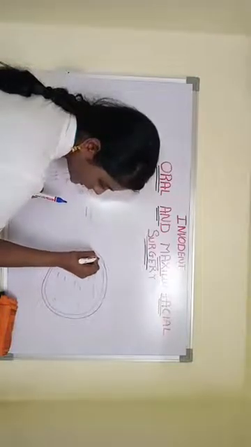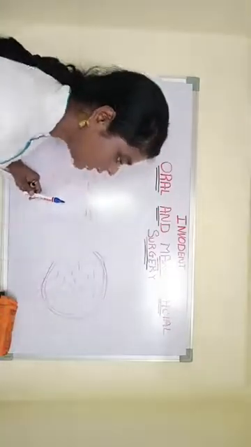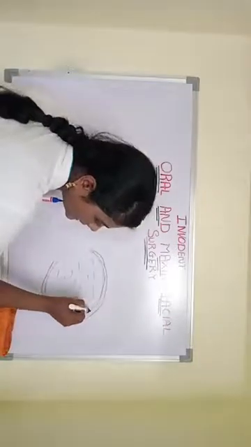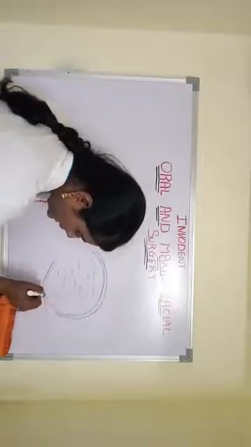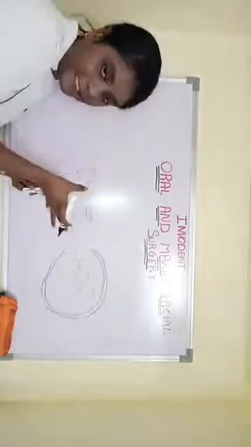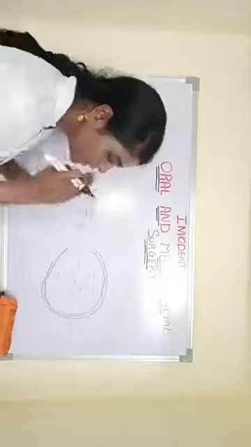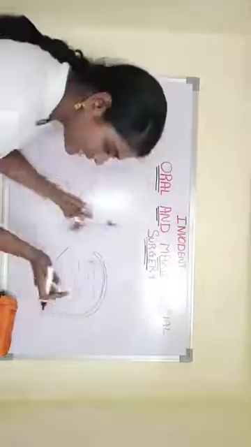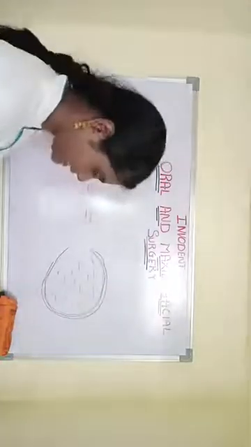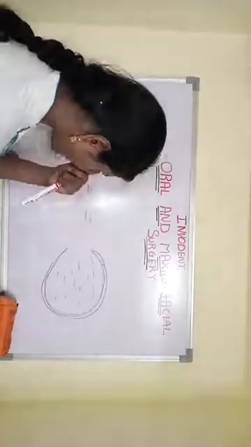You have to place your instrument like this without disturbing or breaking the cystic lining. We have to remove the entire cyst along with the lining. This is known as enucleation. We are removing the entire cyst out, including the cystic lining, and we are not breaking the cystic lining. So this is something known as enucleation.